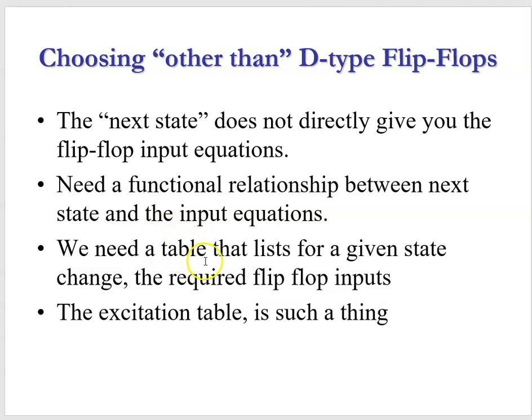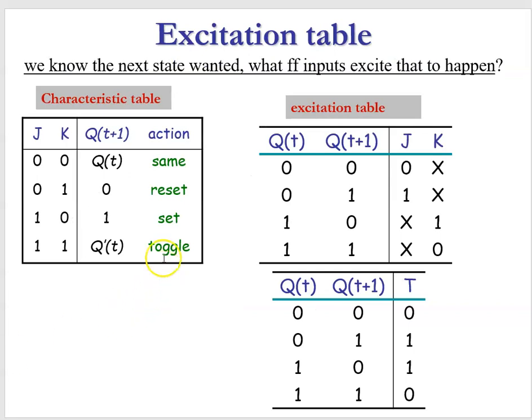So we need a table that lists for a given state change the required flip-flop inputs, and that's what an excitation table is. So our excitation table is something we don't need for a D flip-flop, but we need for a JK and a T flip-flop. So our excitation table we can get from the characteristic table. So we'll do that in the next video.